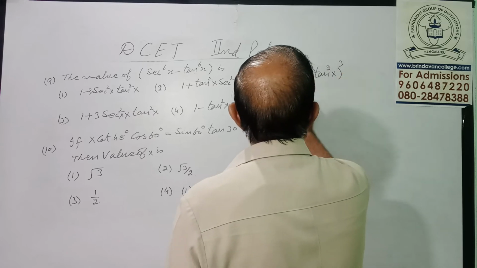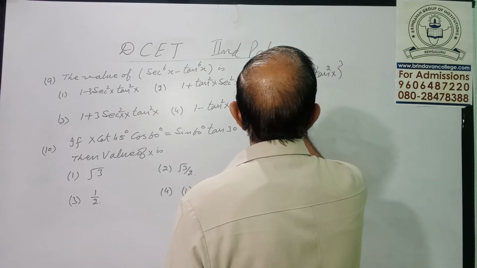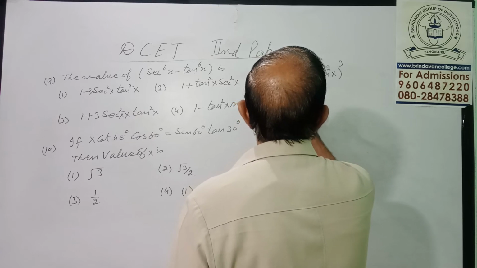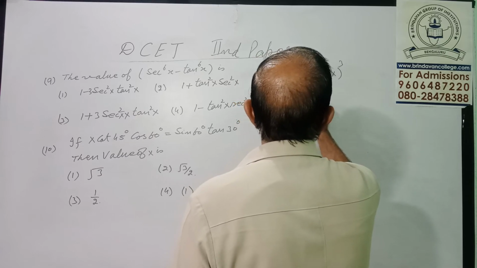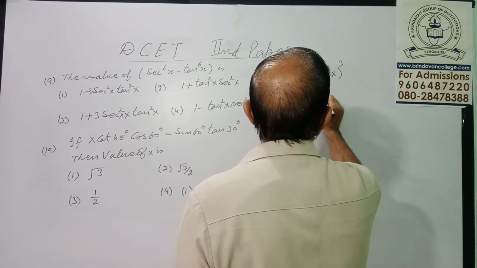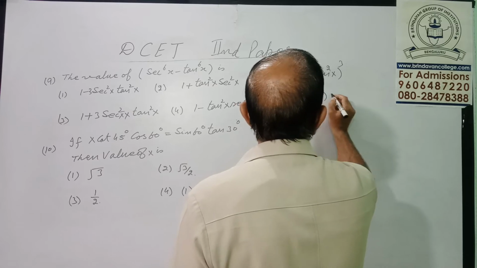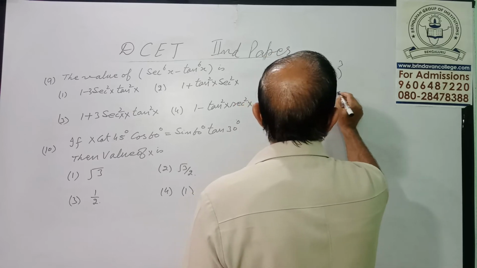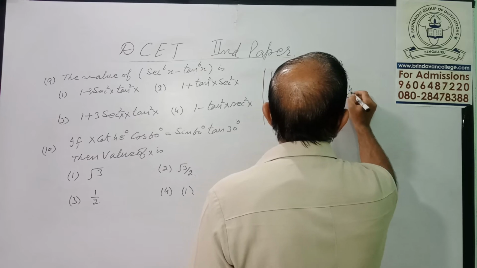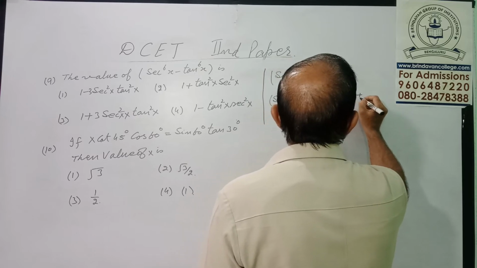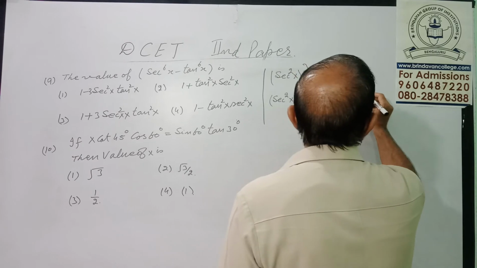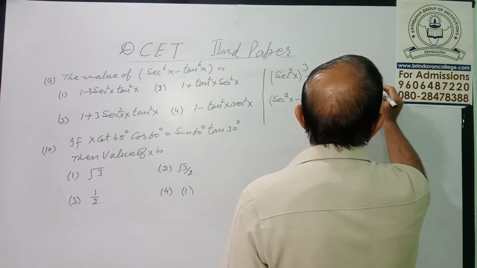Then a cube minus b cube, that is a minus b, that is the identity, into a square, that is secant 4x, plus b square, that is tan 4x.